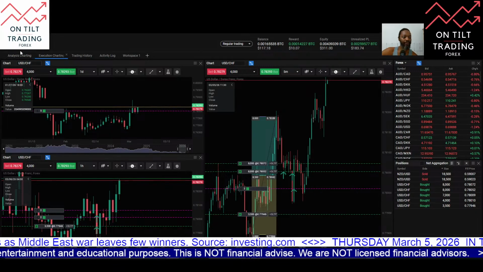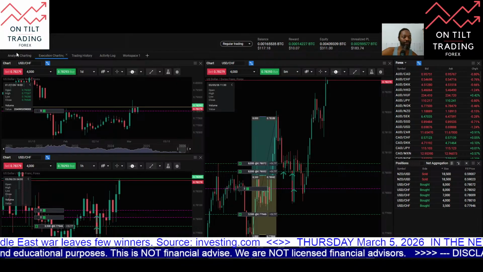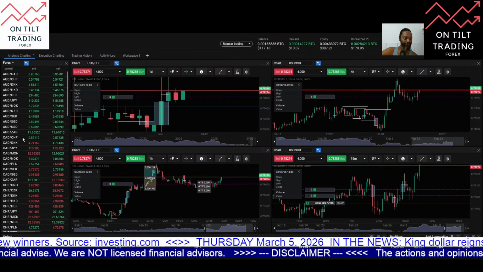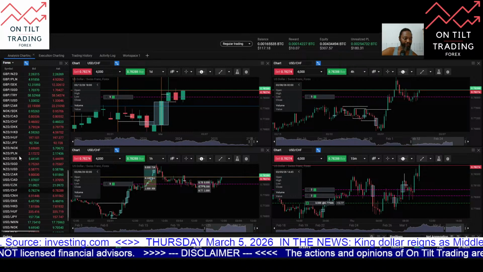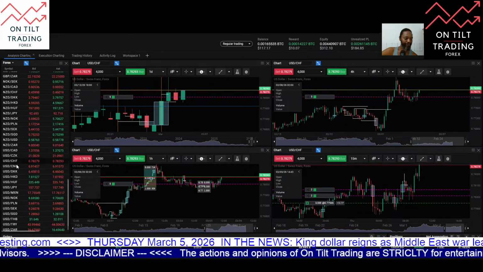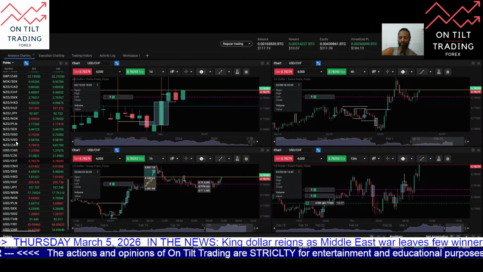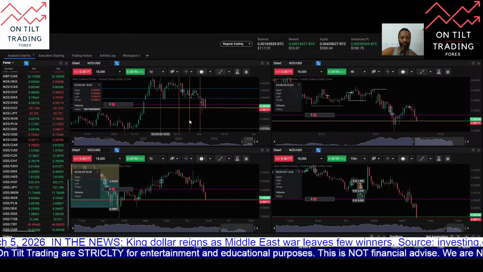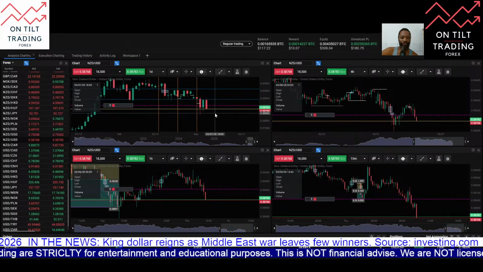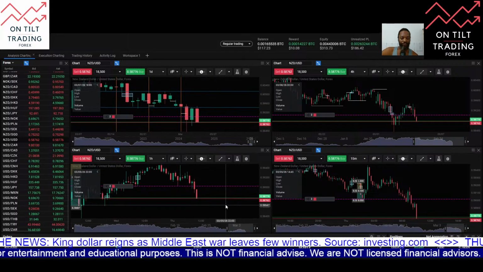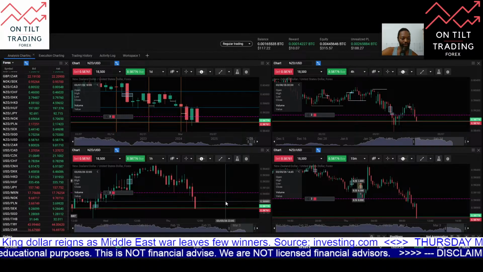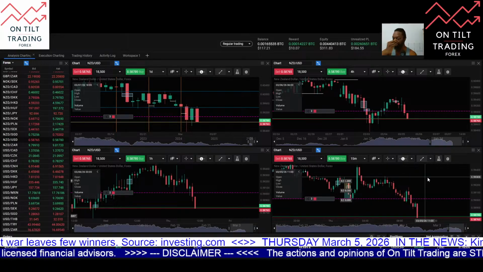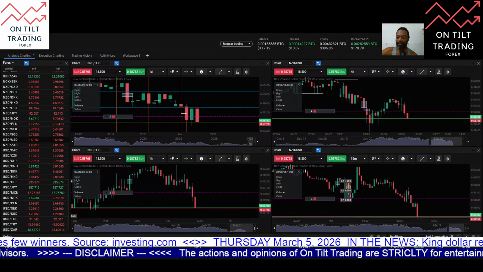And then over to Kiwi Dollar. So Kiwi Dollar, pretty interesting trade here as I'm learning how to manage this particular system.